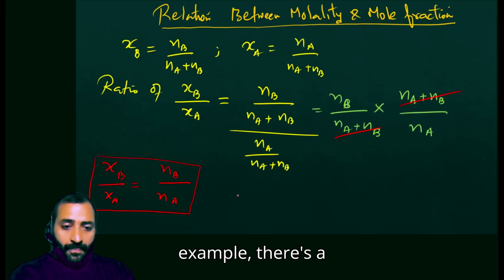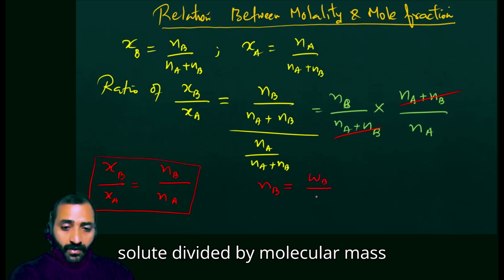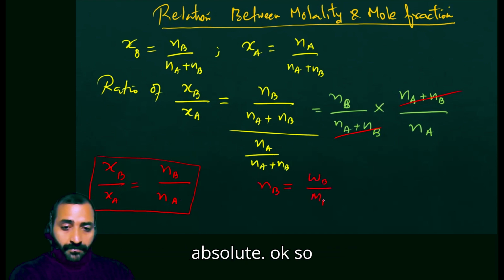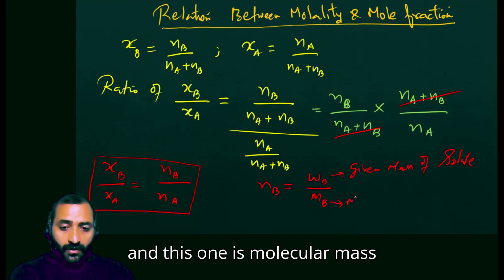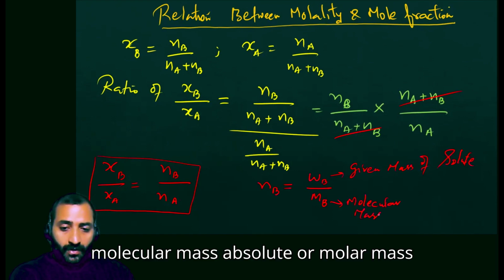Say for example, there's a relationship that Nb will be equal to Wb, given mass of solute, divided by Mb, molecular mass of solute or molar mass of solute.